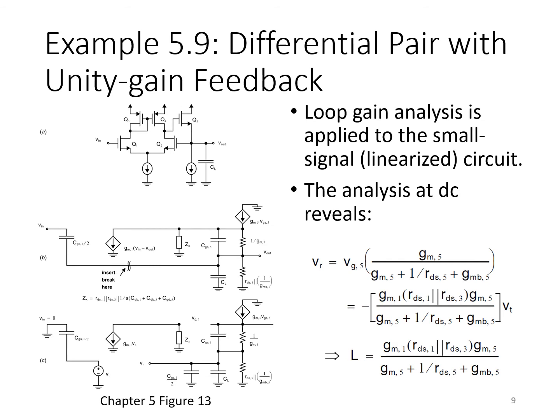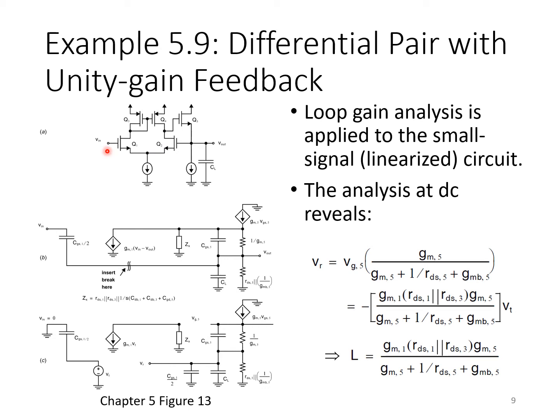Another more complicated example is presented here. It's essentially a single stage CMOS differential pair with active load followed by a source follower Q5. So this is a unity gain buffer essentially with negative feedback arising here, where the output is fed back to one side of the differential pair and the input comes into the other side of the differential pair.